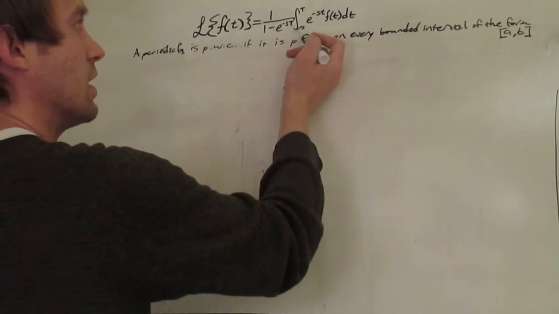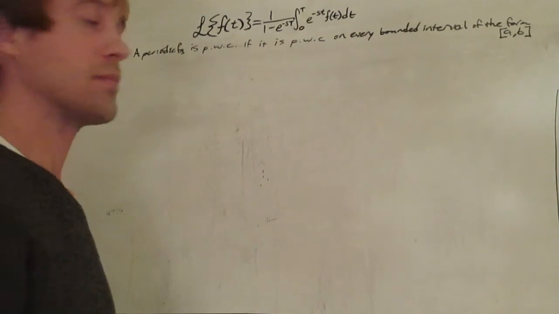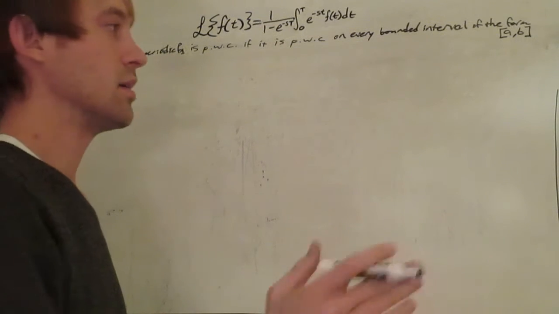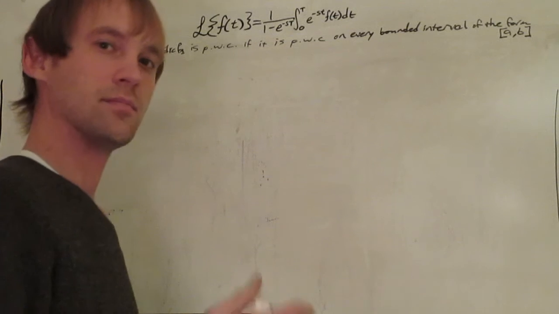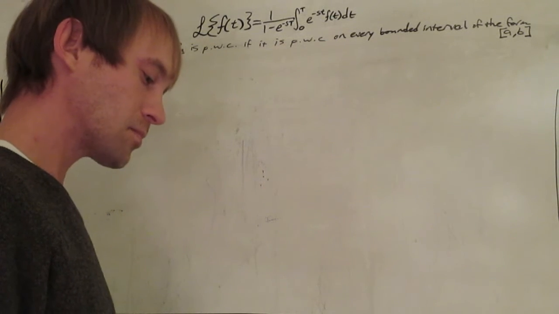So in our case, it's going to be 0 to T, and T to 2T. There are always these bounds at which it's stuck inside of, you could say.